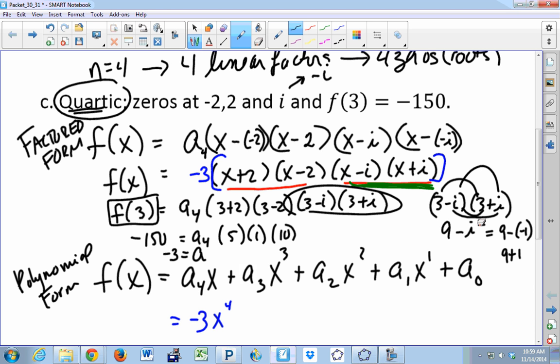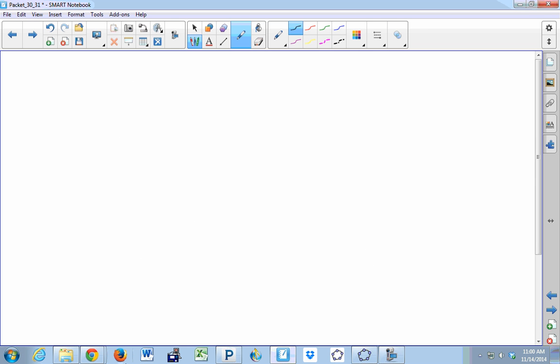All right, so in other words, if you were told that your zeros look like this, I'm just going to pick something, x plus i, and your other zero is x minus i.